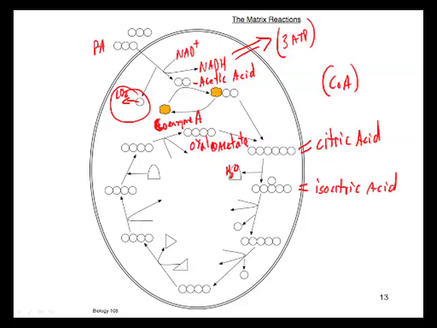Now we're going to see that we go from 5 carbons to 4 carbons. And we also see that NAD is going to get involved. And wherever we see NAD, we're going to have an oxidation and reduction reaction. So NAD is going to be reduced to NADH.